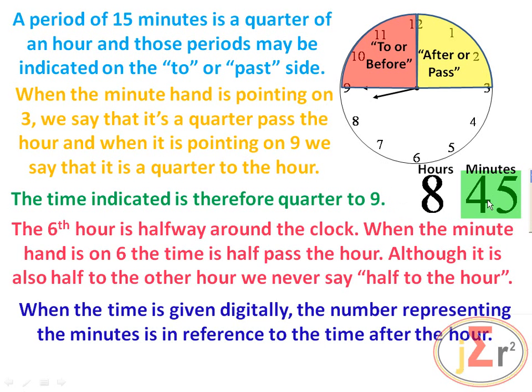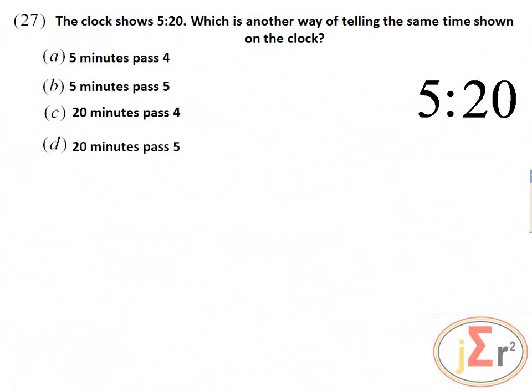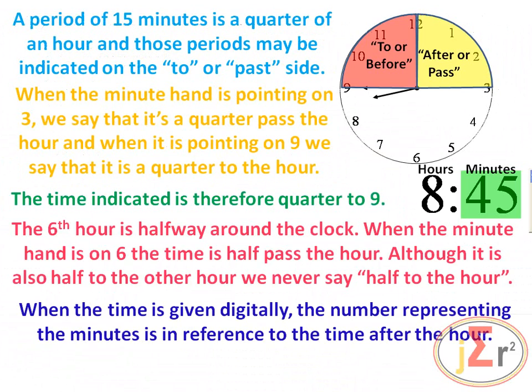So the numbers that we have here are in reference to the minutes, and the minutes are in reference to the time after the hour. So what we have is actually 8:45, which means that it is 45 minutes after 8, which we will read on the analog clock to be 15 minutes before 9.